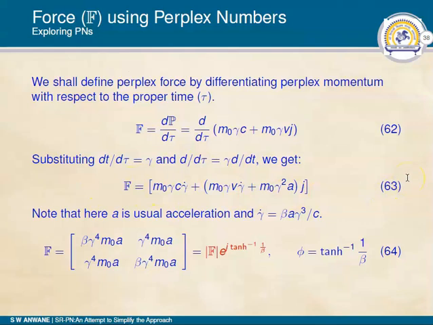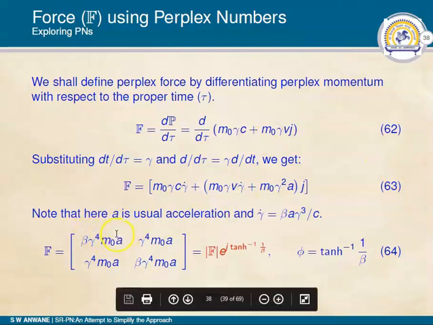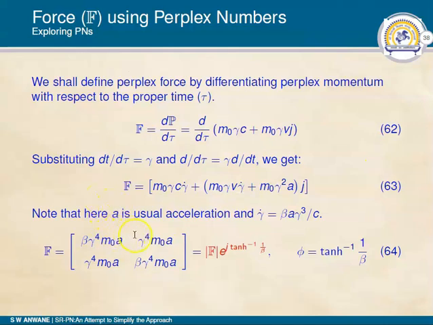And if you would like to represent that in the matrix form, the ordered pair in simplified version will be beta gamma to the power 4 m0 a, where a is the usual acceleration and m0 is the proper mass, and the other element of the ordered pair is gamma to the power 4 m0 a.